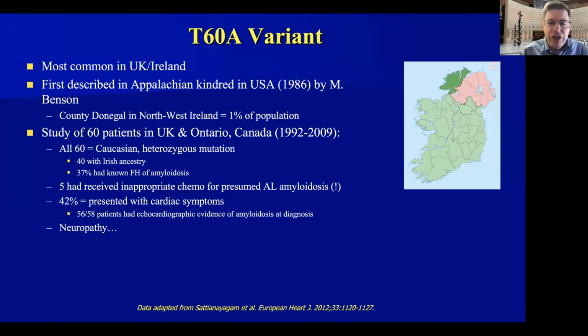And this was a study of 60 patients in the UK as well as in Canada, and they found that 40 of the 60 had Irish ancestry. Interestingly, 5 had already received inappropriate chemotherapy for presumed AL amyloidosis, which shows how important it is to accurately diagnose your patient. And you see that about half the patients presented with cardiac symptoms, though almost all had signs of cardiac amyloid on echo.